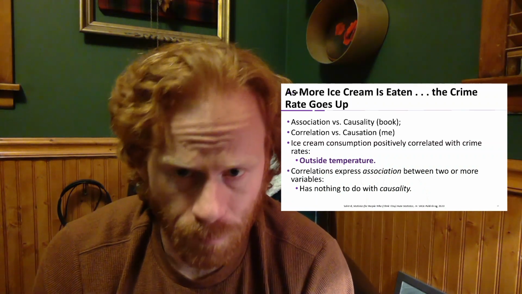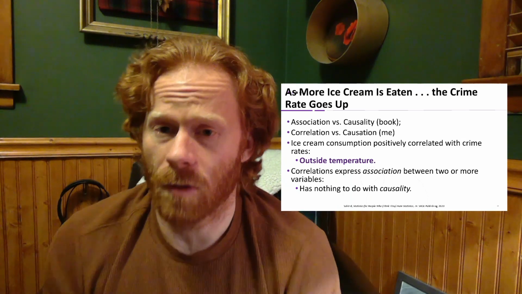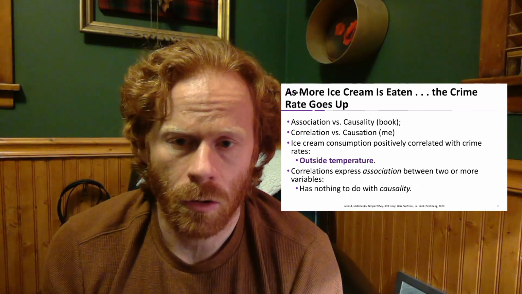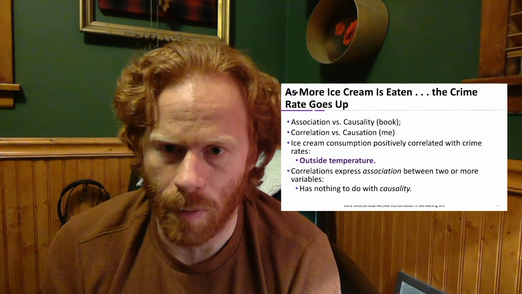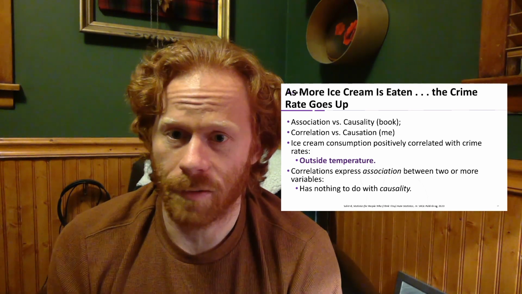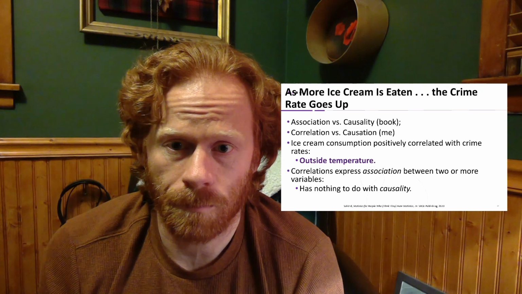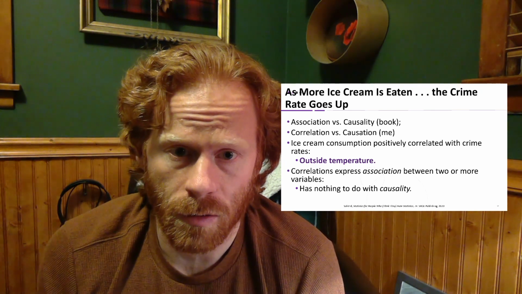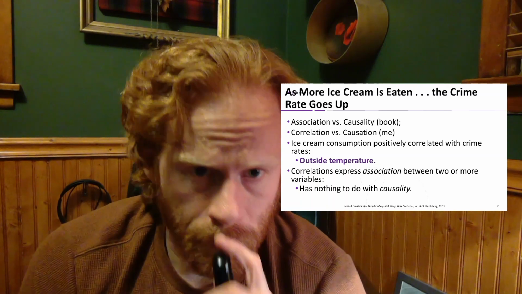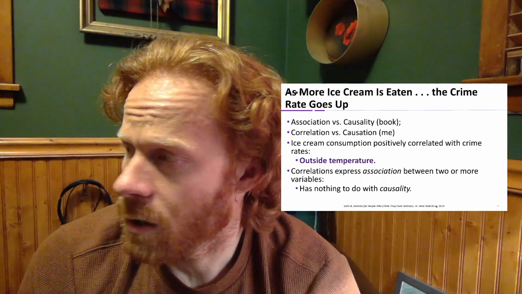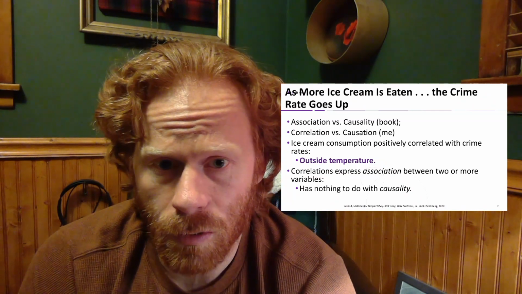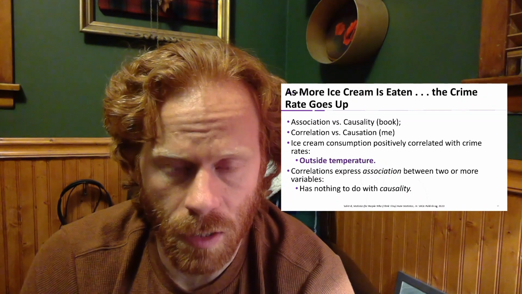There could be a very, very strong direct correlation, strong positive relationship, but that doesn't necessarily mean causation occurs. There are these other factors that we need to take into consideration. The book does say association versus causality a lot. I'll usually say correlation versus causation. So again, just kind of different verbiage.